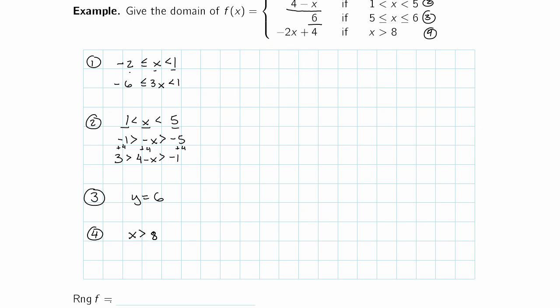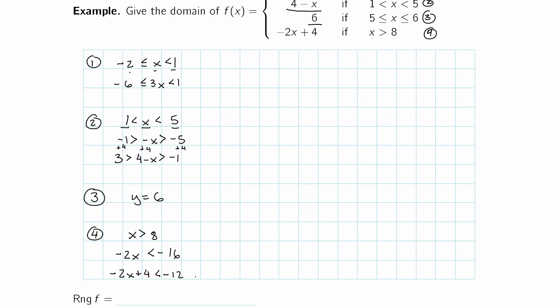We need to multiply our x by -2. So -2x is less than -16. What I want to have here is -2x plus 4. So I'll add 4 to both sides. And I get -2x plus 4 is less than -12. So on that piece of our range, we hit all of the y values that are less than -12.